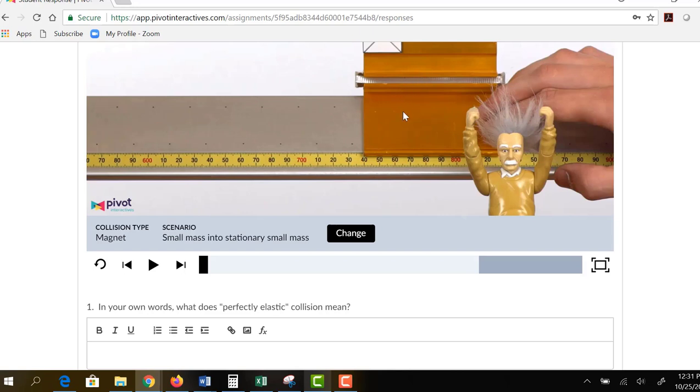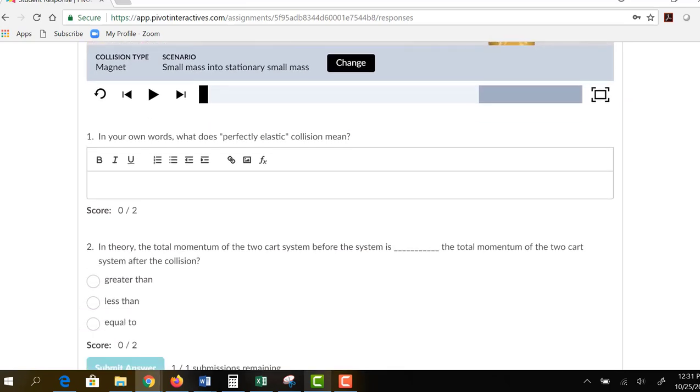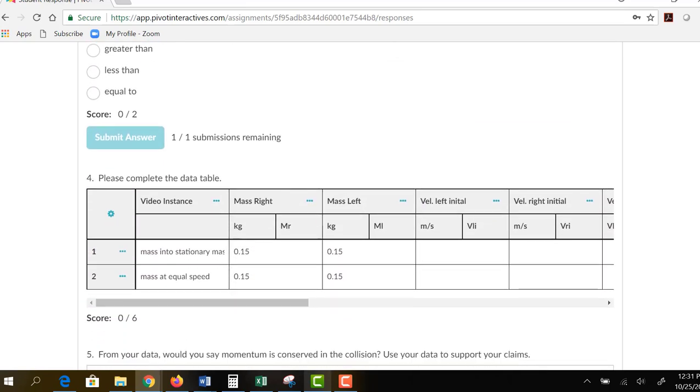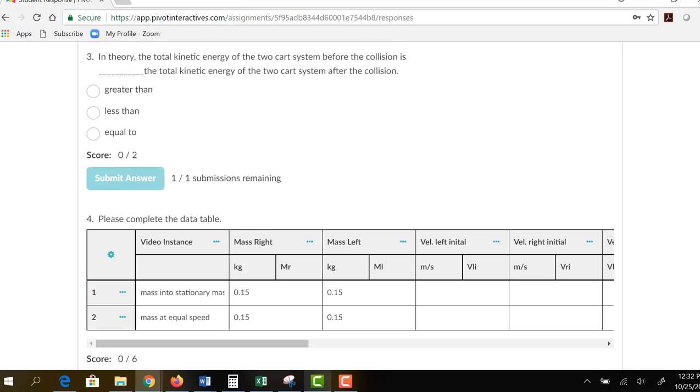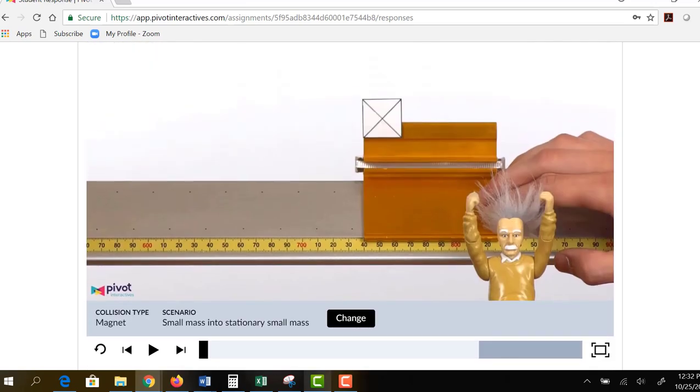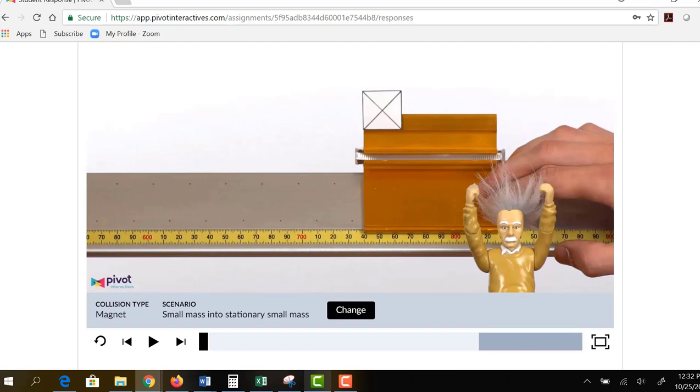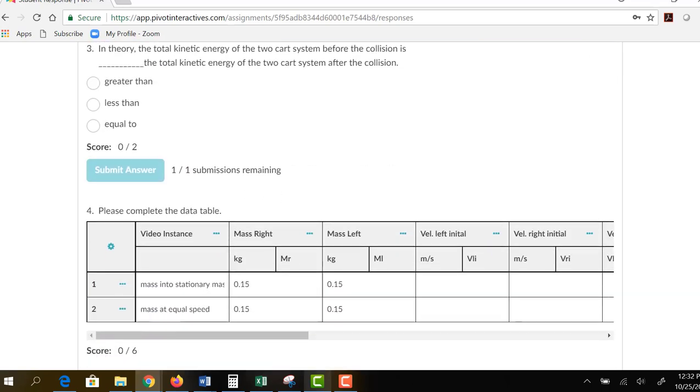This is mass right. The other one coming out is mass left. That part's already been populated in the data table for you. So this one's not moving initially, so its initial speed is 0. So down here, velocity right initial for this one is 0 because it's not moving.